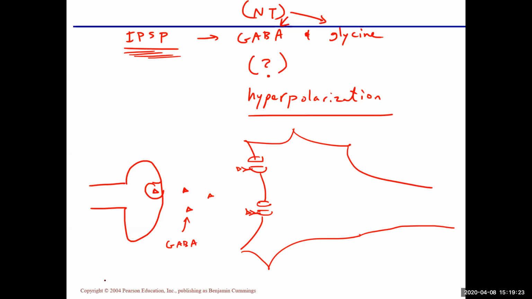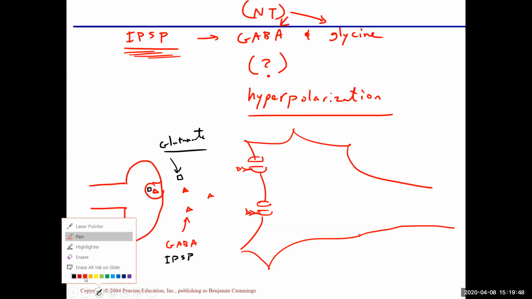Let's put in another neurotransmitter also. So this is an example of IPSP. But what if we have another neurotransmitter? Let's say this one is glutamate. We'll look at this later. But right now, I'm going to focus on GABA because I already talked about it and gave you an example.